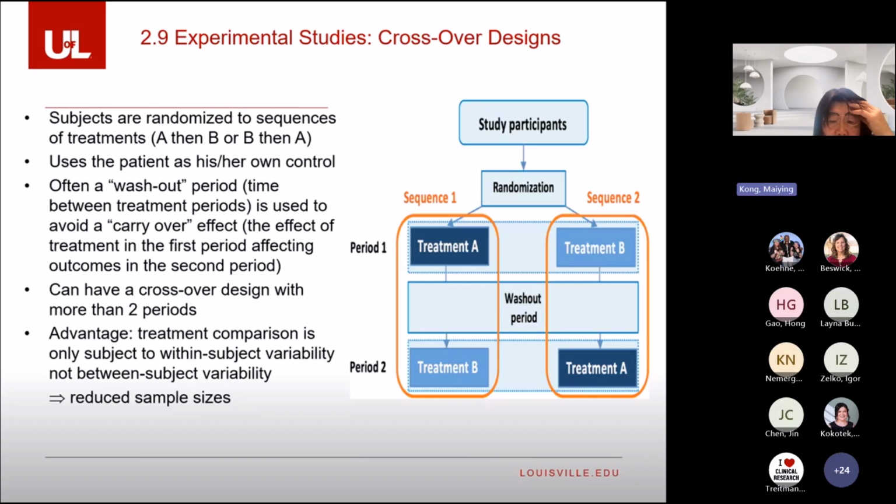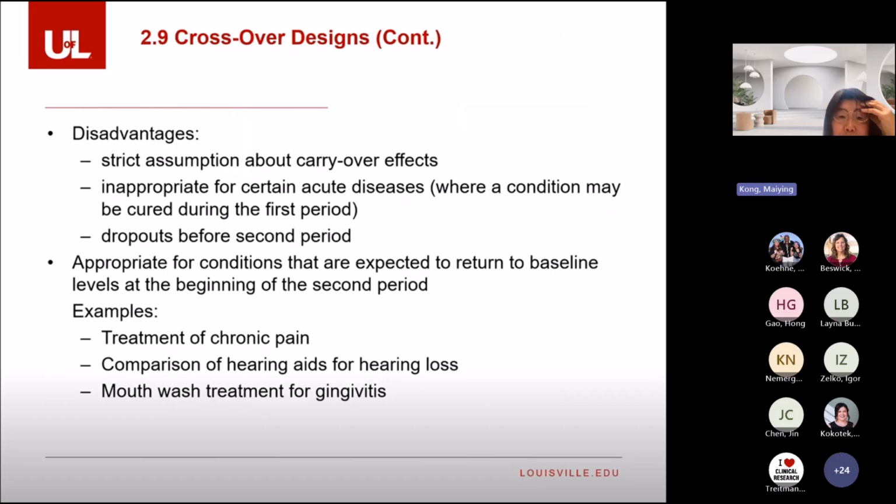You can have a crossover design with more than 2 periods. The advantage is that the treatment comparison is only subject to within-subject variability, not between-subject variability. The disadvantage is the strict assumption about the carryover effect. It is inappropriate for certain acute diseases, where the condition may be cured during the first period, or patients drop out before the second period.